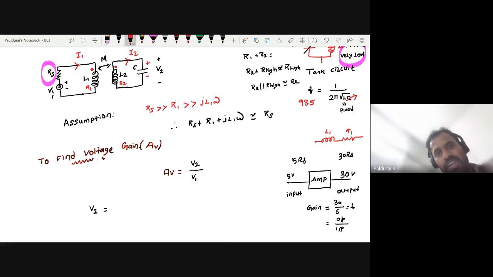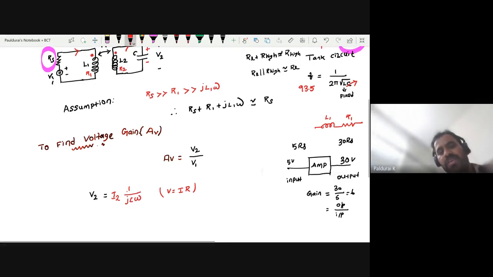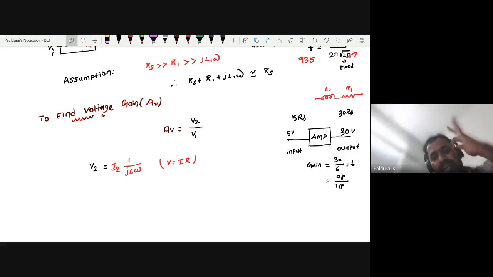V equal to I times R from Ohm's law, where I equals I2, and the reactance offered by the capacitor is 1 divided by jC omega. My aim is to calculate the voltage gain. The formula is V2 by V1.